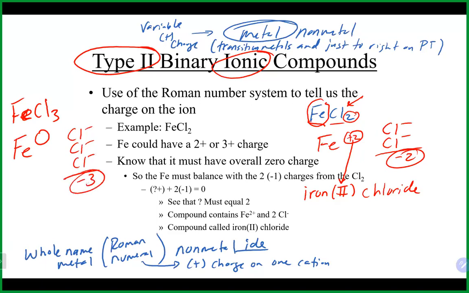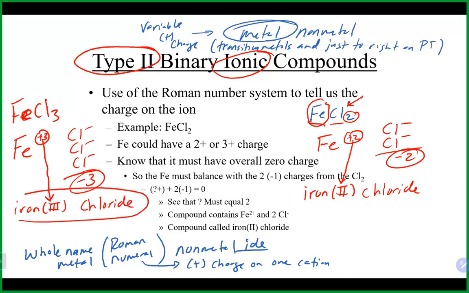That's a -3 charge, which means in this case, the iron needs to have a +3, right? And the name of this guy would be iron Roman numeral 3 for the charge. And once again, it doesn't matter how many of those Cl minuses I have, it is still just going to be chloride at the end of it. Any questions on that there?